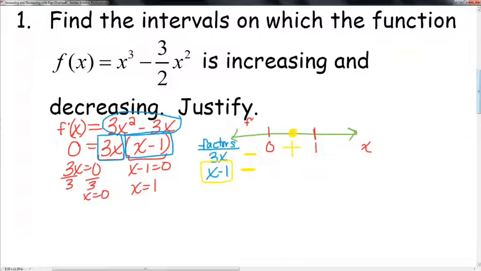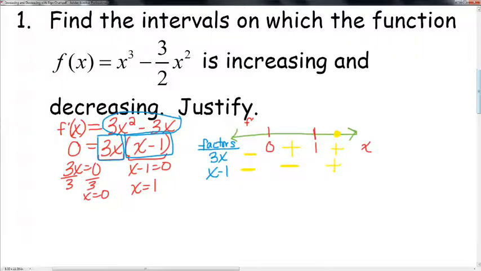Well, 0.5 minus 1 gives me negative 0.5. That's a negative number. Now I'm going to look for a value on my number line that's greater than 1. To the right of 1, I'm going to say 2. So 3 times 2 gives me a positive number. And then I'm going to come down to my other factor. 2 minus 1 gives me a positive number.